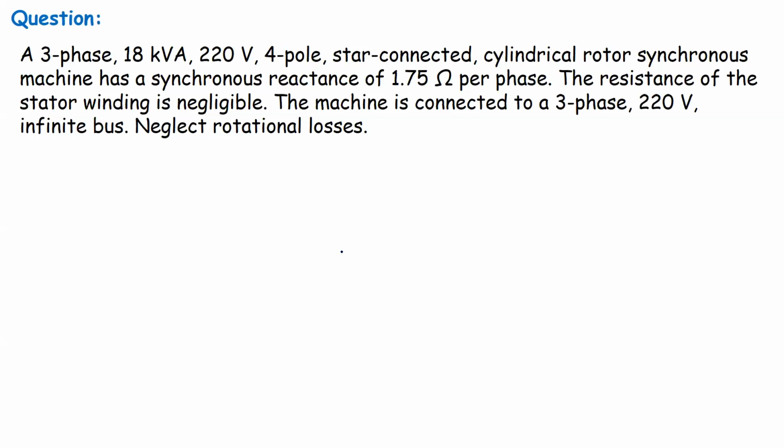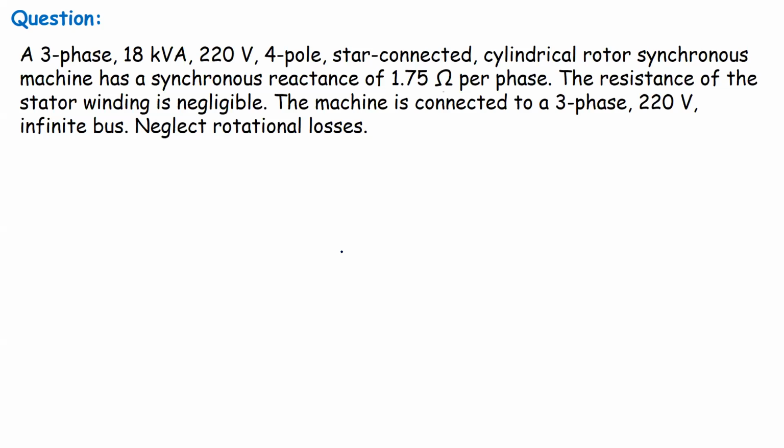A three-phase 18 kVA, 220 volt, 4-pole, star-connected cylindrical rotor synchronous machine has a synchronous reactance value of 1.75 ohms per phase. The resistance of the stator winding is negligible. The machine is connected to a three-phase 220 volt infinite bus.